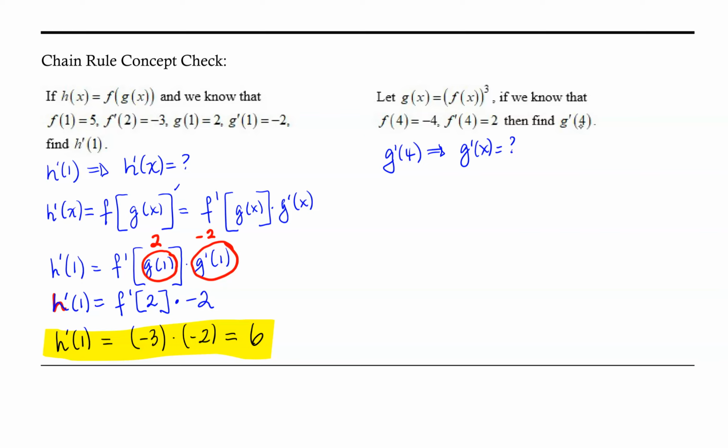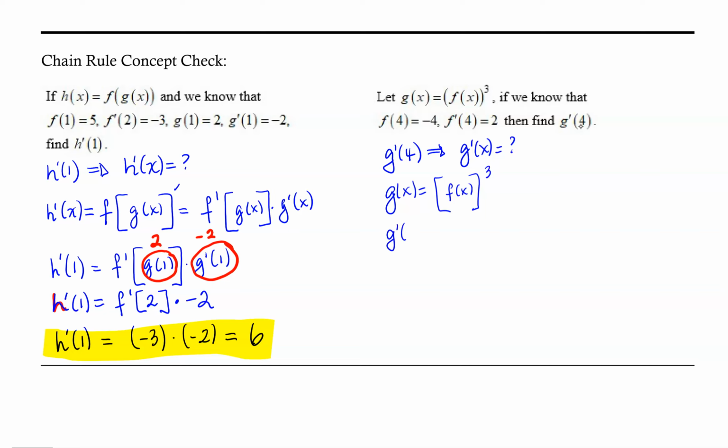So, starting, we have g prime of x is equal to, and actually, let me restate g of x first. G of x is equal to this f of x function being cubed.